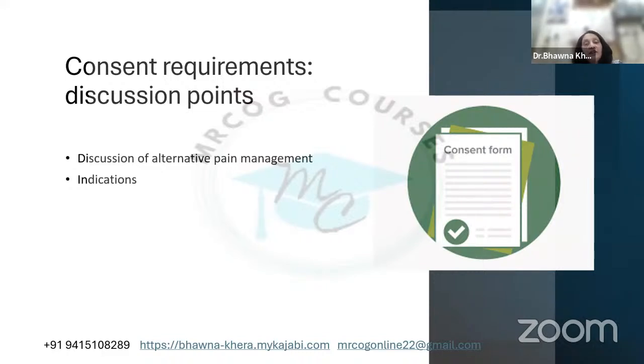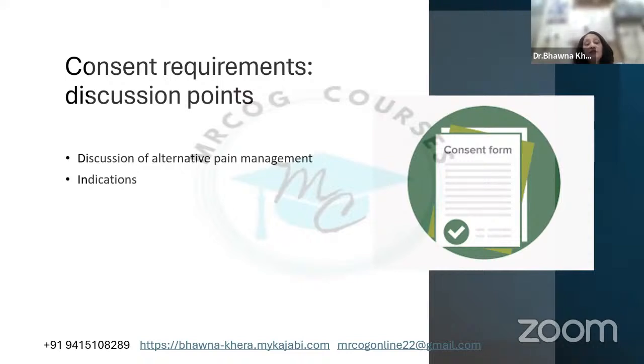But whenever we are taking the patient for the hysteroscopy, we should always give her the alternatives also, because she might be anxious about doing this on an outpatient basis without anesthesia and she may choose to have some other mode, like general anesthesia, or she may require cervical anesthesia.